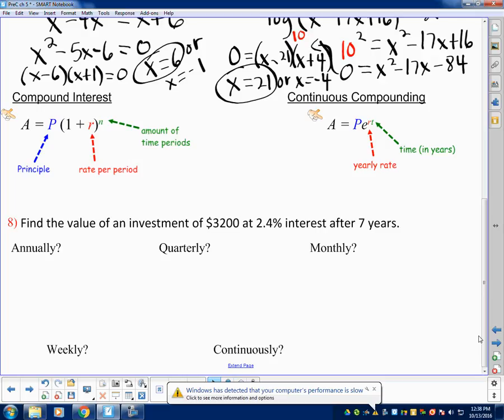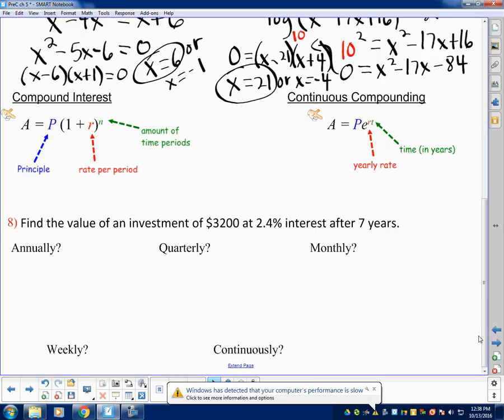Here's the big deal. What happens as you compound interest more often? You get more money. But obviously you can't just keep getting more and more money. There has to be a ceiling on it, right? There is. Even compounded continuously, it's limited.